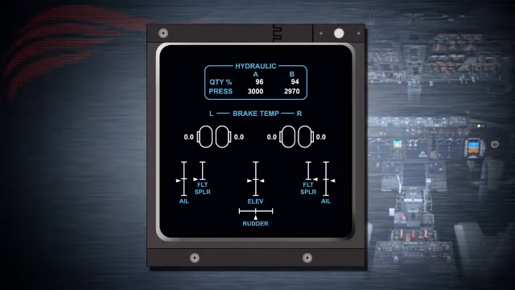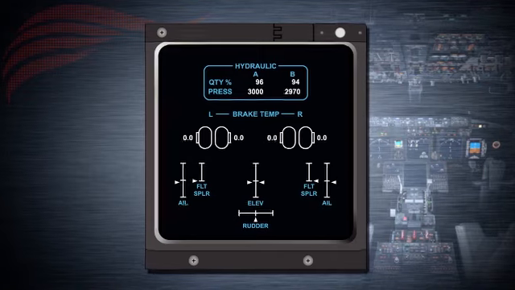There are also hydraulic system indications on the lower display unit systems display. Quantity and pressure for systems A and B are shown at the top of the display. Quantity is expressed as a percentage of the normal full level, 5.7 gallons for the A reservoir and 8.2 gallons for the B reservoir.